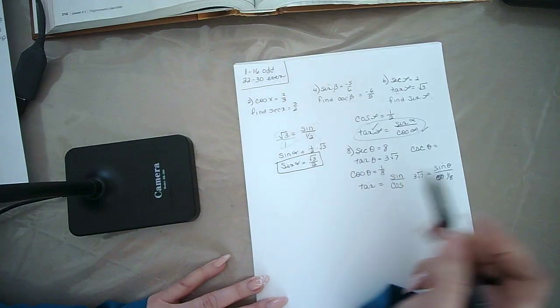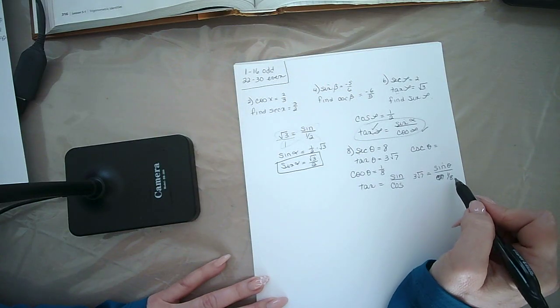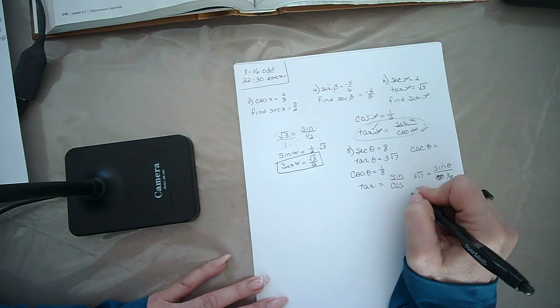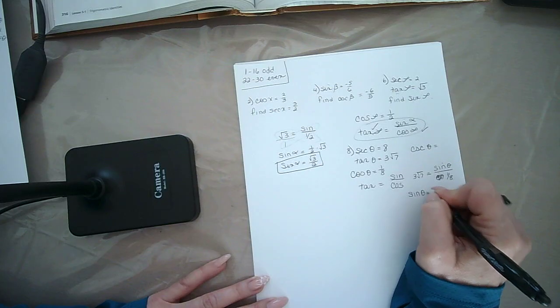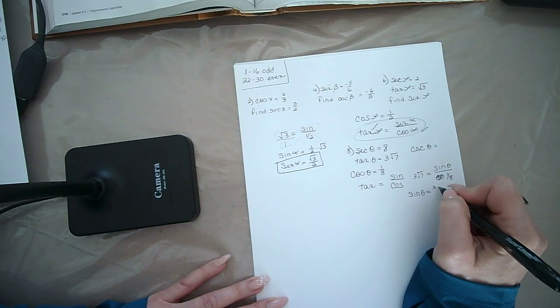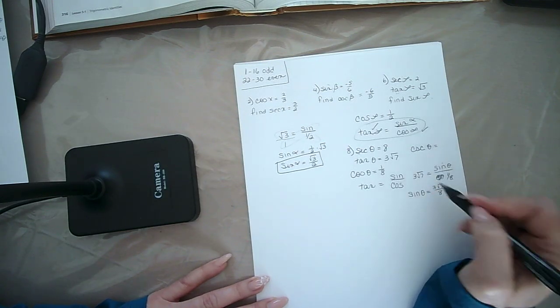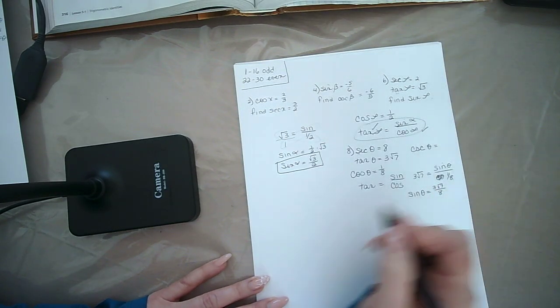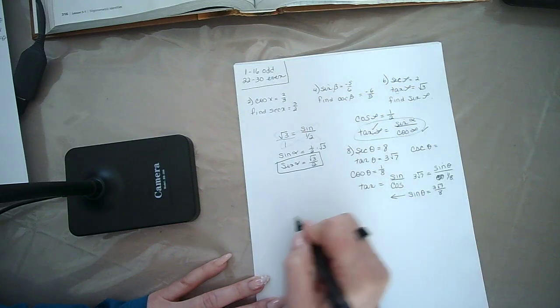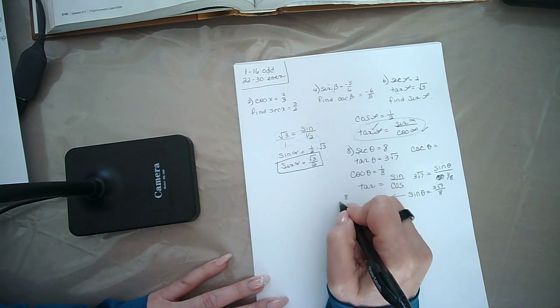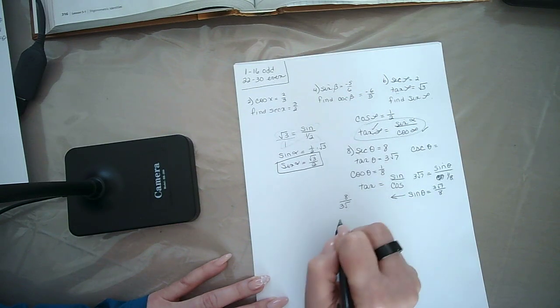Doing what we did before with cross products, I get the sine of theta is 3 radical 7 over 8. So for cosecant, I am going to have to flip it. When I flip that, I get 8 over 3 radical 7.